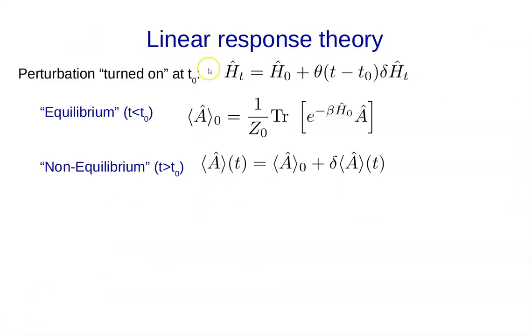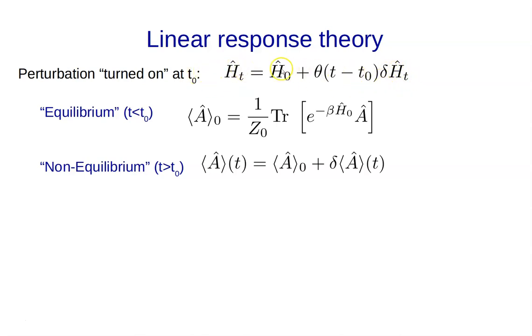All right, so let's start with linear response theory and the idea behind linear response. So let's say we have a Hamiltonian H0, okay, and that's our reference Hamiltonian, if you wish. And then at some time that I'm calling T0, we turn on a perturbation, which I'm calling delta H. And this perturbation might be itself time dependent.